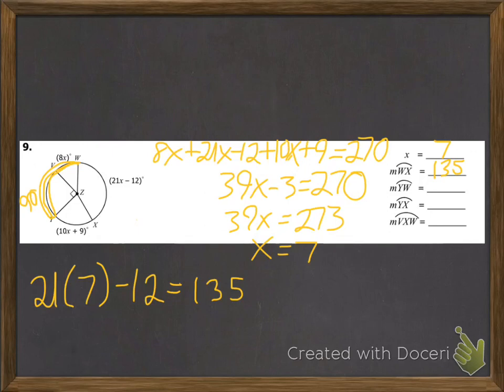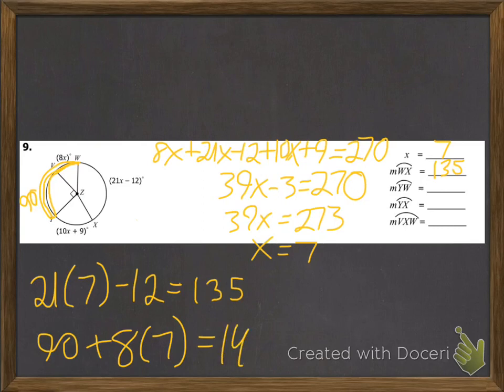So the way we go about solving for this one is we're going to take the 90 that we already have, and do 90 plus WV right here. And so that would be 8 times 7. So 90 plus 56, and we're going to end up getting 146. So put that right there.